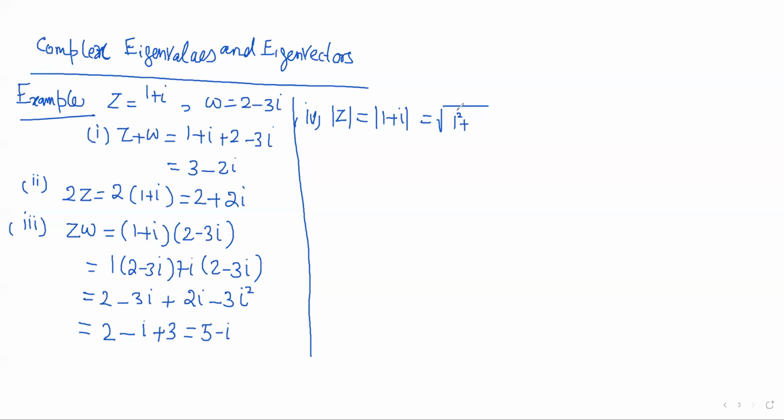The coefficient of the imaginary part is 1, so it will be 1 square. So it will be the square root of 2. This is the modulus of z.